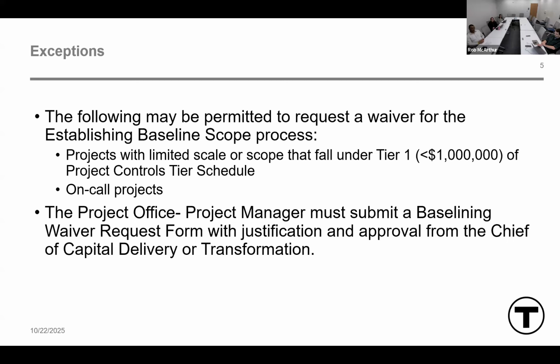And that includes projects that have a value of less than $1 million in the construction contract. It also includes on-call projects. The project office project manager must submit the baselining waiver request form with justification and approval from the chief of capital delivery or transformation.